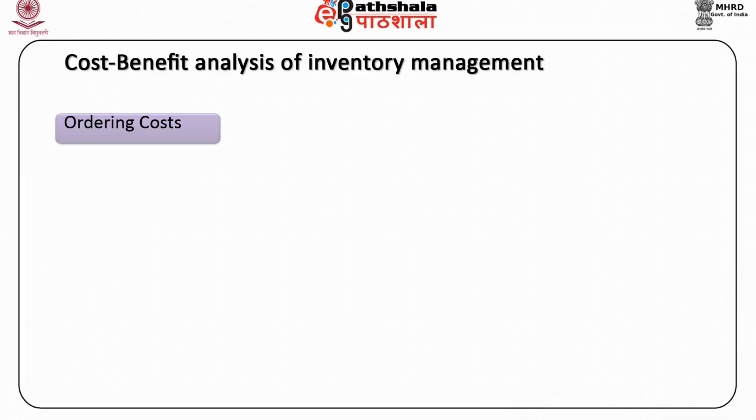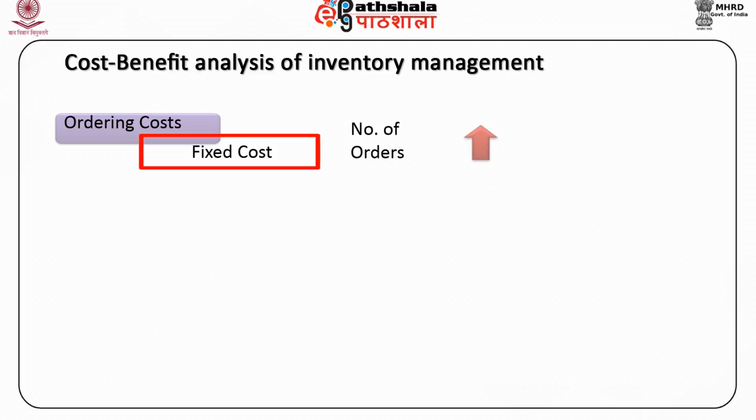The costs associated with it are the nature of fixed costs like administrative tasks, preparing purchase orders, receiving, inspecting, recording of stock as per the purchase order, etc. These are fixed costs which have to be incurred with each order. More the number of orders placed, more will be the ordering costs. Thus, ordering costs are inversely related to the size of inventory.